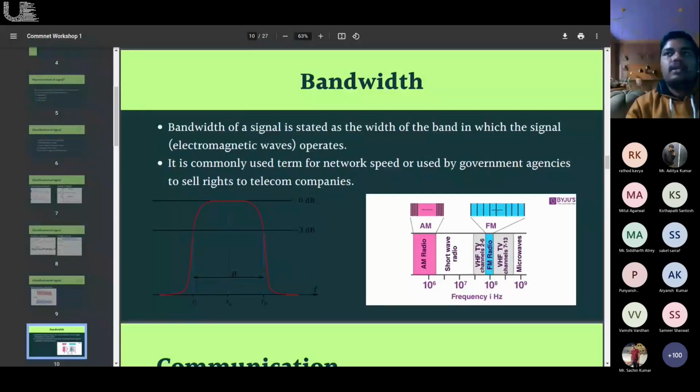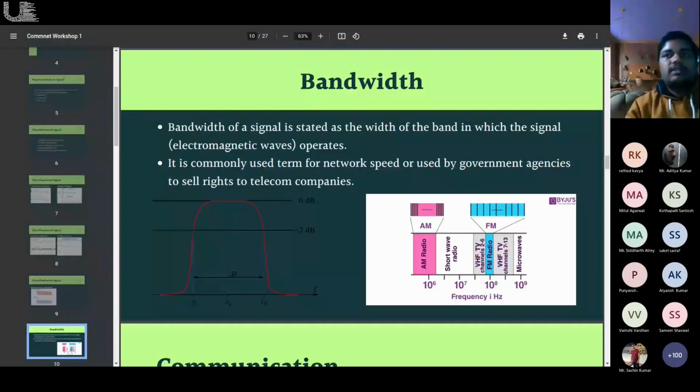Right now many people are communicating with each other at the same time. While a signal is being sent from a transmitter to a receiver, so many signals are being received all over the world. So all of them cannot use the same frequency. They have to use different frequencies, right?